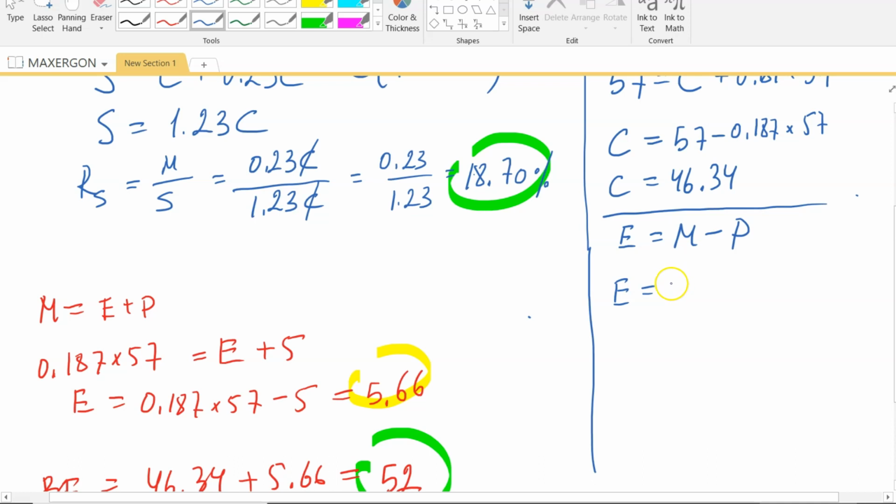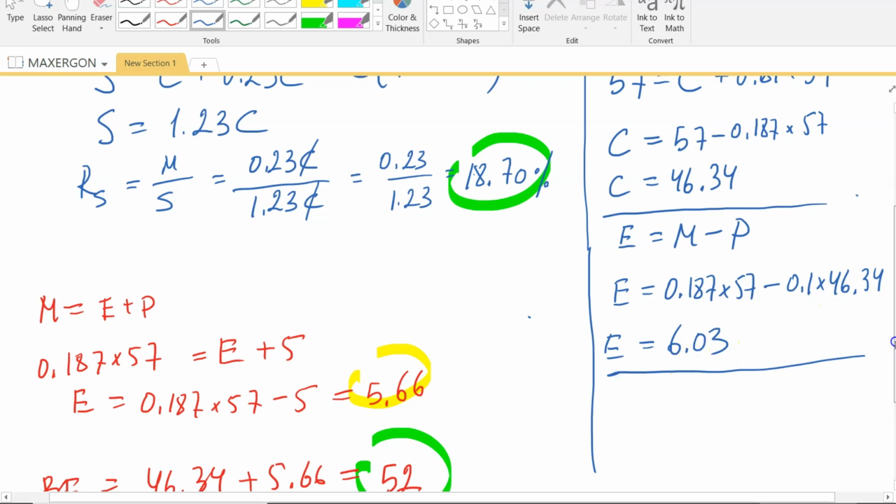Expense is markup, which is 0.187 times 57, minus profit, which is 10% of cost, which we already found, 46.34. From here, we'll compute expense, 6.03, so $6.03.